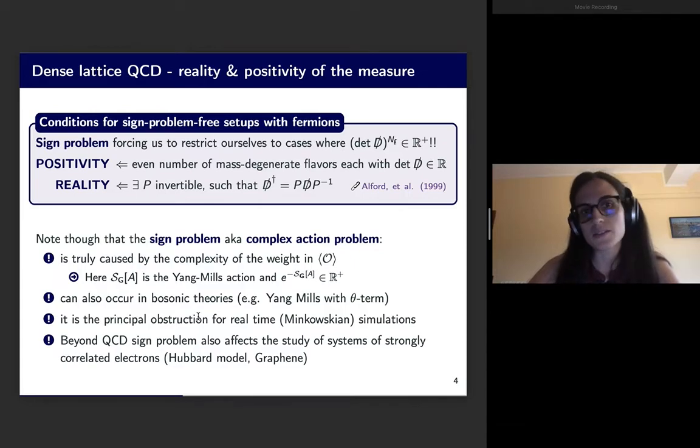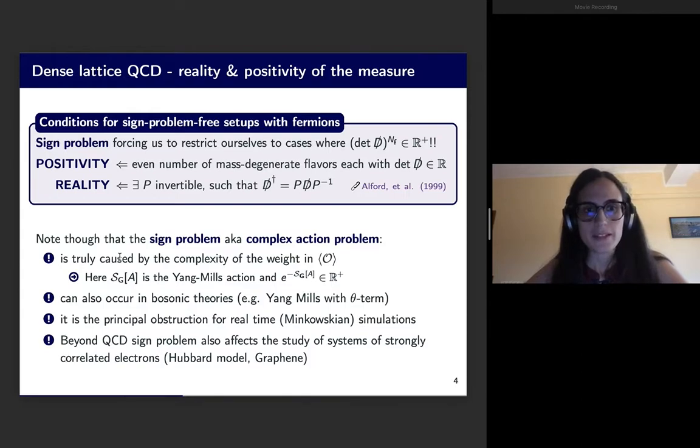While positivity is something that we can ensure by just having an even number of mass-degenerate flavors for which the determinant is real, for reality we need a matrix P which is invertible and that has the property of providing us with the dagger of the Dirac operator after application on the original D slash with P and P minus 1. This was first noticed by Alford et al. in 1999, and it is a necessary and sufficient condition for reality.